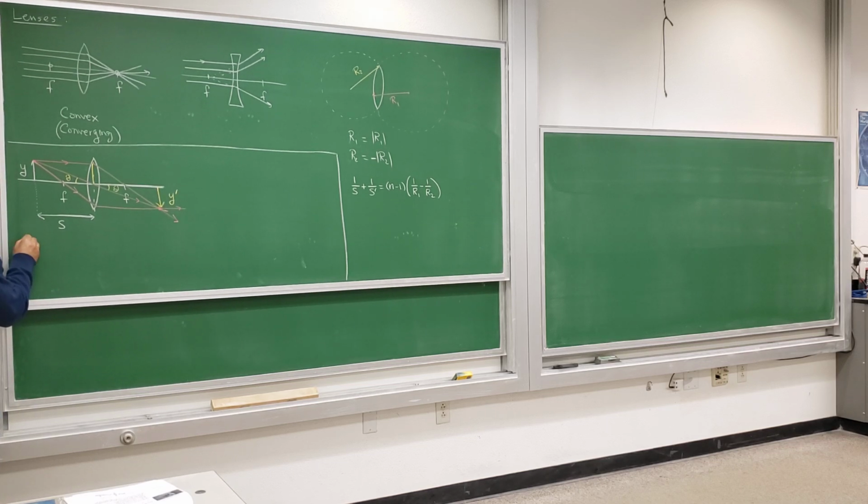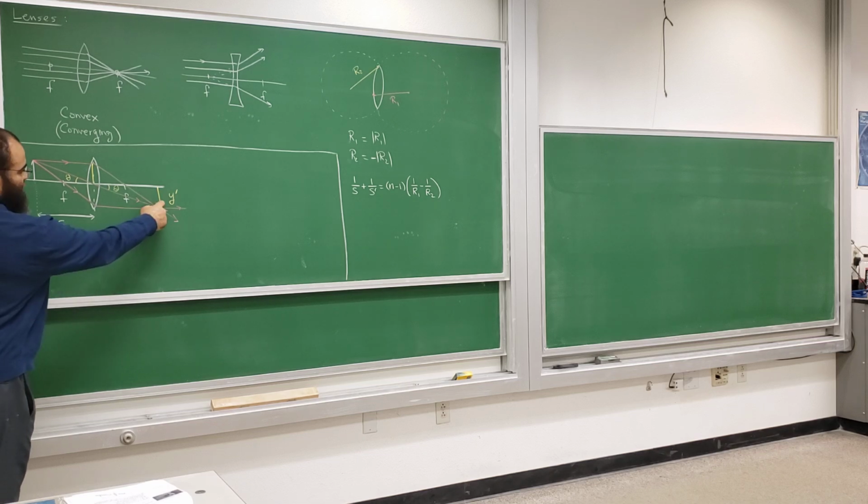The tangent of theta is equal to what? Tangent of this angle is the opposite over the adjacent, right? The opposite is y. What's the adjacent? S. So it is y over s.